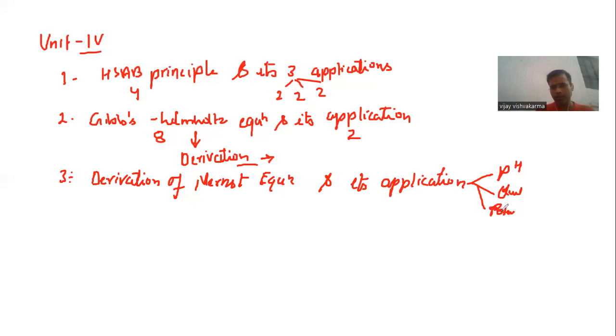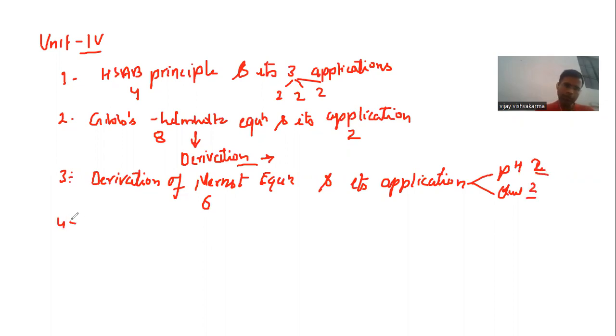Sorry, I forget it. But whatever the applications you have to write here. So here I am only mentioning the two applications. This will be the 6 weightage, and these will be the 2 and 2 weightage.